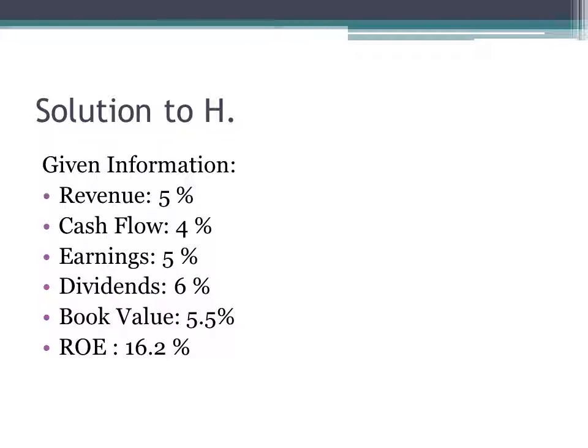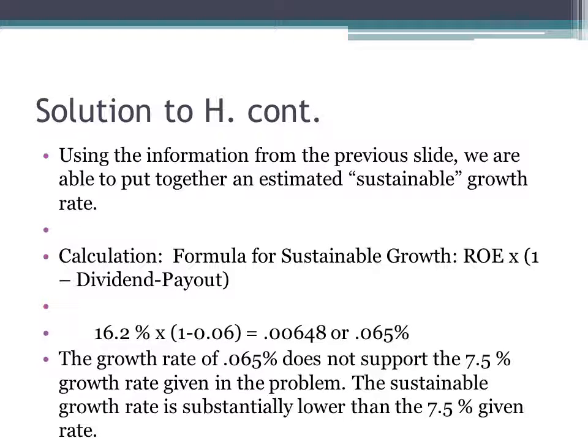Question 3H had asked, could the figures above be used to develop an estimated long-run sustainable growth rate? Does this figure support the 7.5% growth rate given in the problem? Using the information from the previous slide, we are able to put together an estimated sustainable growth rate.